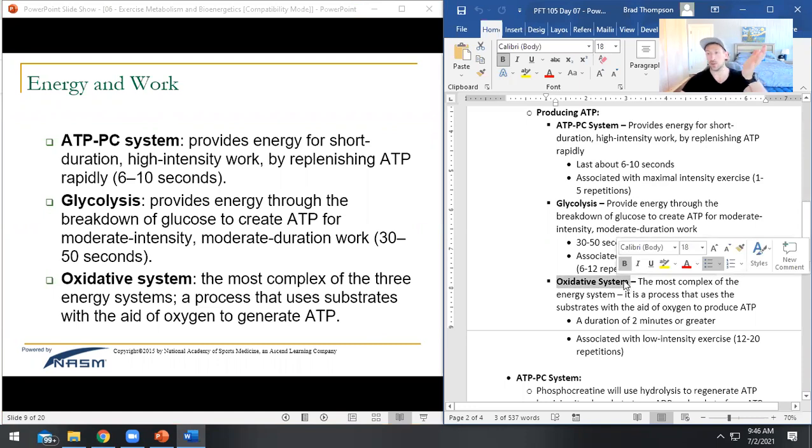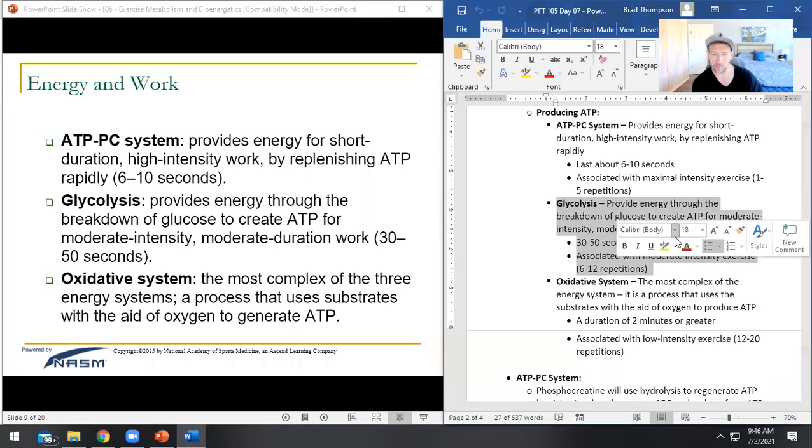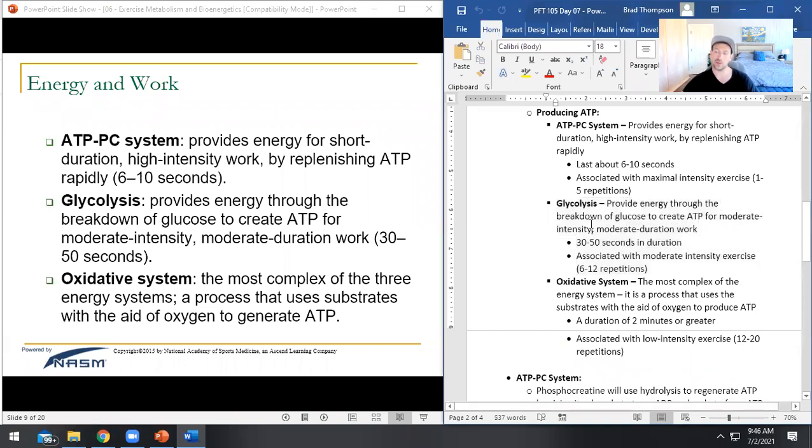And then there's a 400-meter dash athlete. 400-meter dash, that's going to take probably 45 seconds. Well, they're spending most of their time training for the ATP-PC system so they can get up to speed really quickly. And then they spend most of their event in glycolysis, which is the medium intensity, right? So generally when we're lifting weights, we spend most of our time in glycolysis.